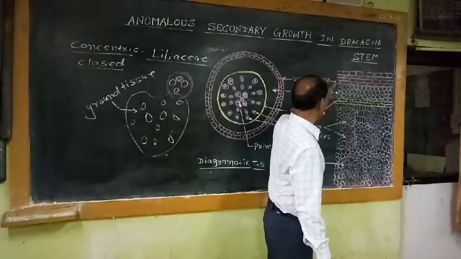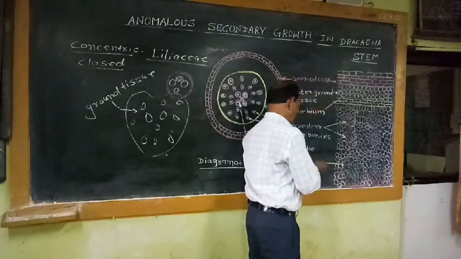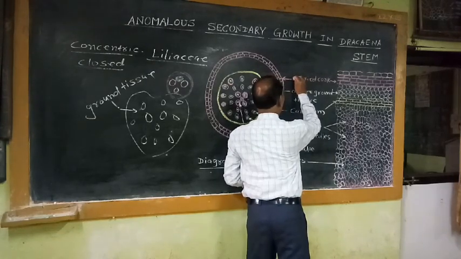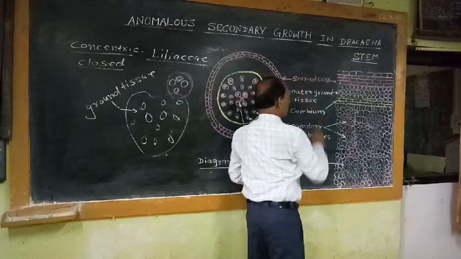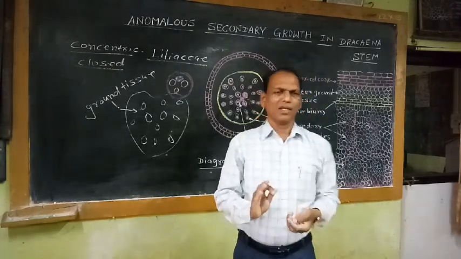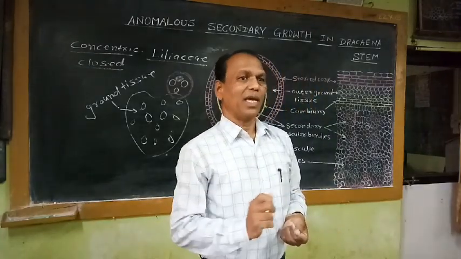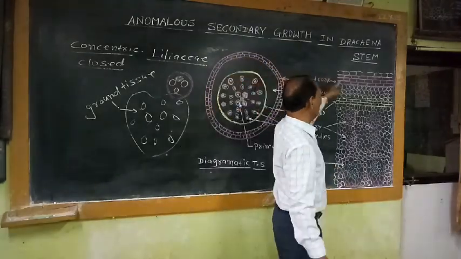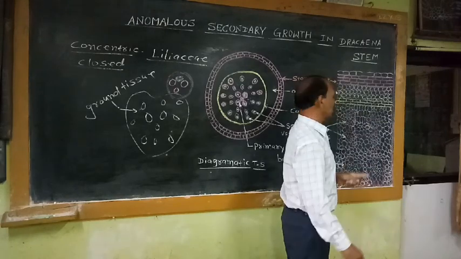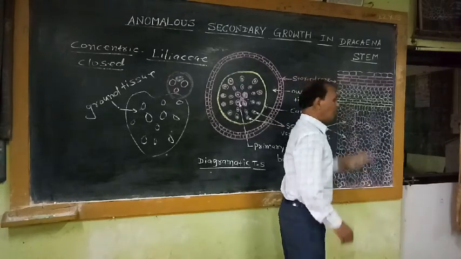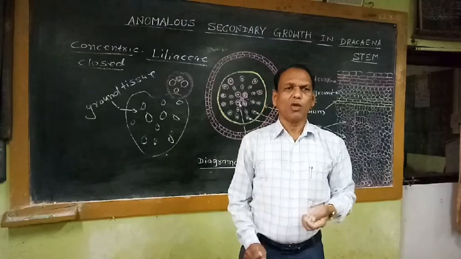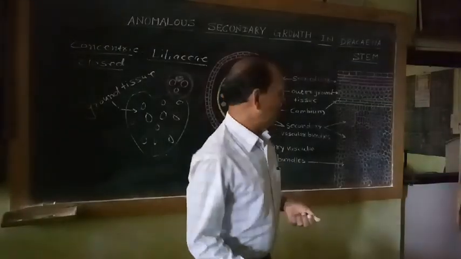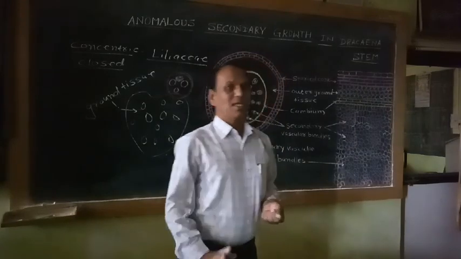That's why the name given to these cork layers is storied cork, or tiers, T-I-E-R-S, or layers; a multi-storied building-like structure is observed in these cork layers. This development of cork without development of cork cambium is the abnormality shown by this Dracaena stem.